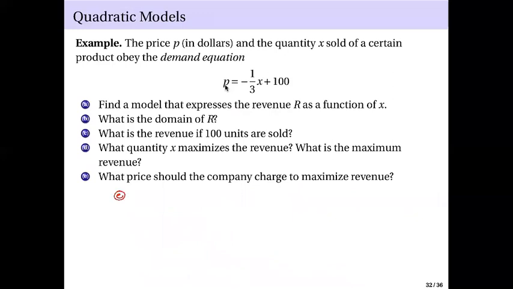So letter E, at X equals 150, P will be negative 1/3 times 150 plus 100. If you solve this, this is $50. Questions?